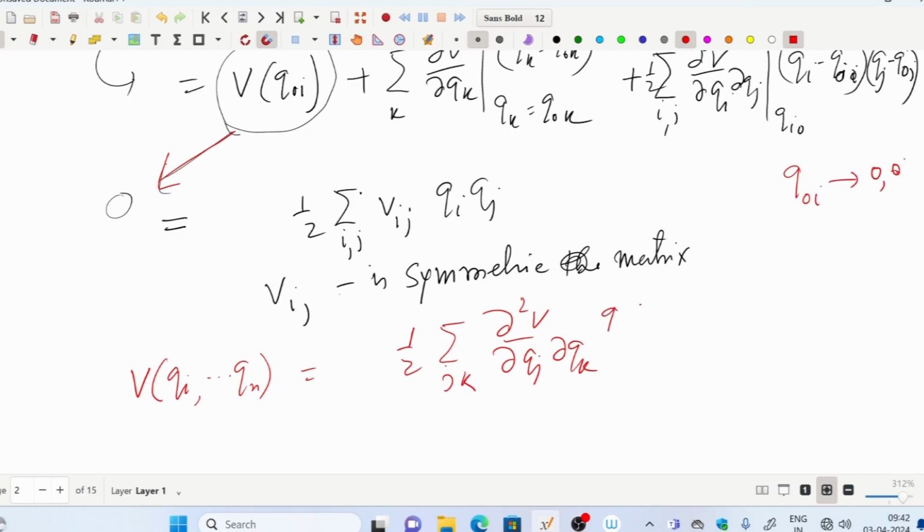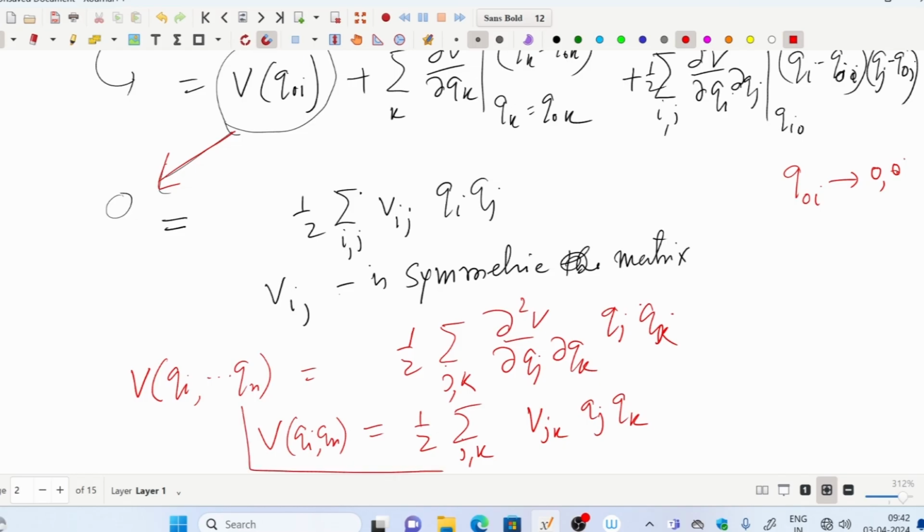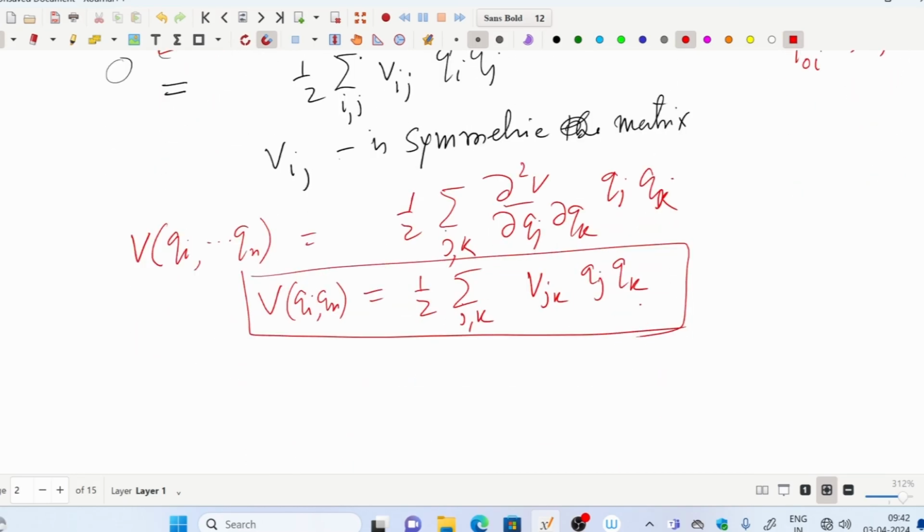So this is half sum over jk for all degrees of freedom of Vjk qj qk. This is how the potential of a general system can be written. This will be our equation 1.